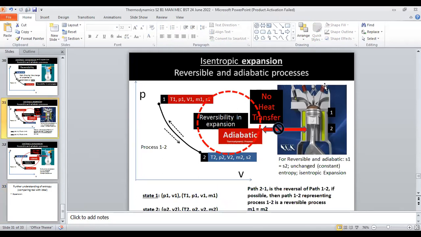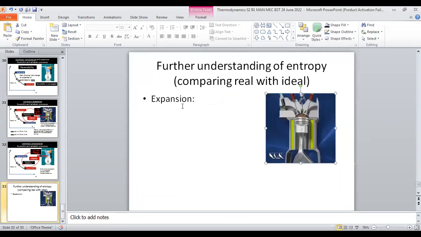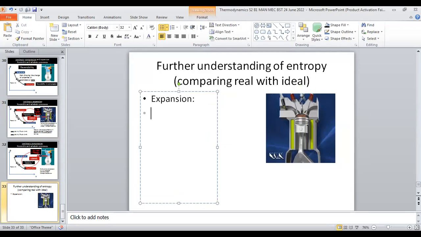Here you can see expansion. So ideal is isentropic expansion. And real is the actual expansion.